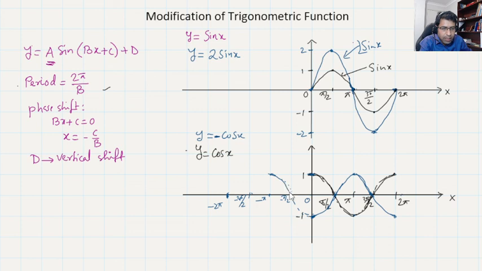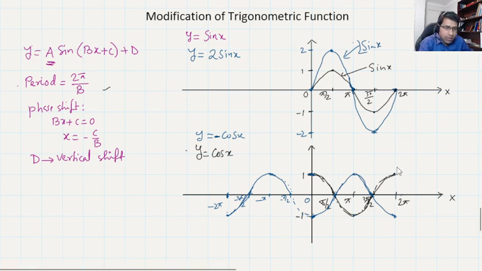It is just coming like that, and then coming down at 2 pi. So that's how you can continue on either the left side or right side, up to you. Same way you can continue for the original graph, which is cos x.